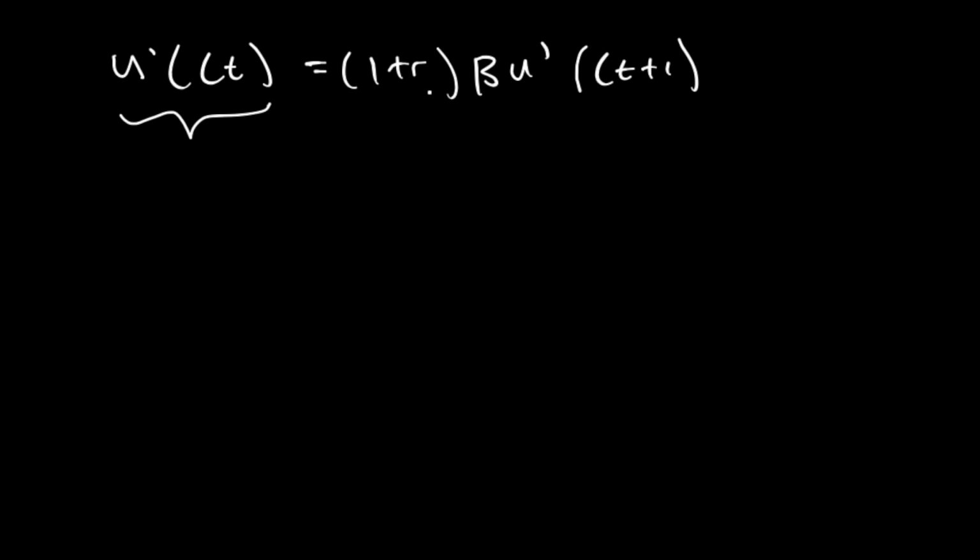So the 1 plus R means, that's where the 1 plus R units of consumption is going to come from. And in the second period, so time t plus 1, they're indifferent between that, this here, and marginal utility of consumption in time t.